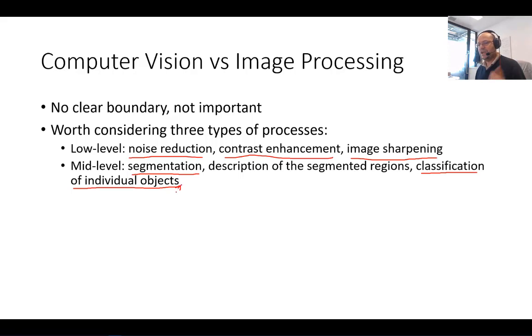So you give an image of a bunch of vegetables, and the system is capable of identifying each individual object. This is called image classification. And on a higher level, there is the high-level processing, which is actually the interpretation of the scene.